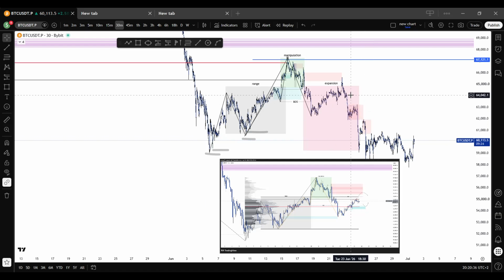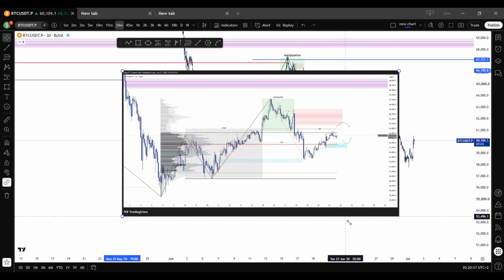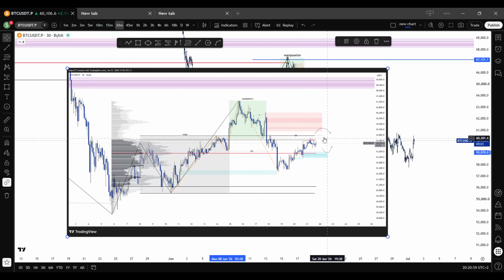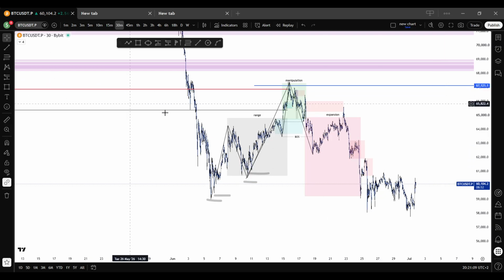However, after we got this expansion move, it wasn't really the classic blueprint pure freeze. So later I ended up removing this pure freeze idea and was more looking at it as a volume profile trade, where you guys can see that I was looking for a deviation of the value area high and then a rotation to the downside.